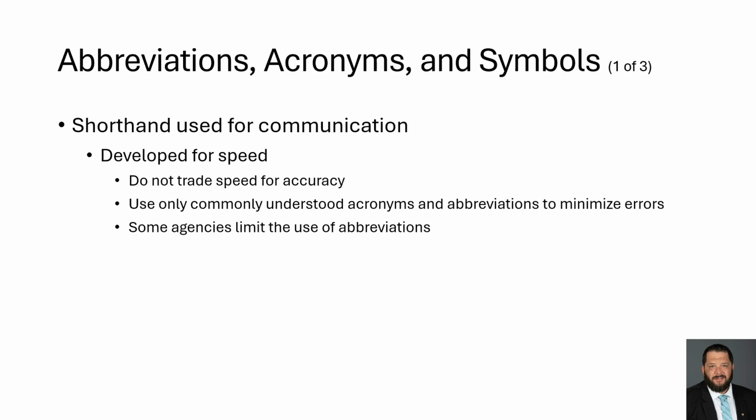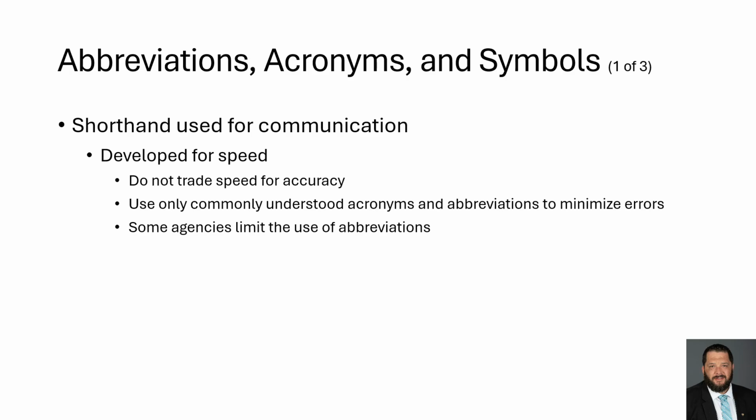During this time frame, we were required to use abbreviations to ensure that we could get an adequate amount of information in a finite amount of space. With today's technology advances, we predominantly use ePCRs, or electronic patient care records, and the character limit is not nearly as strict as it was.